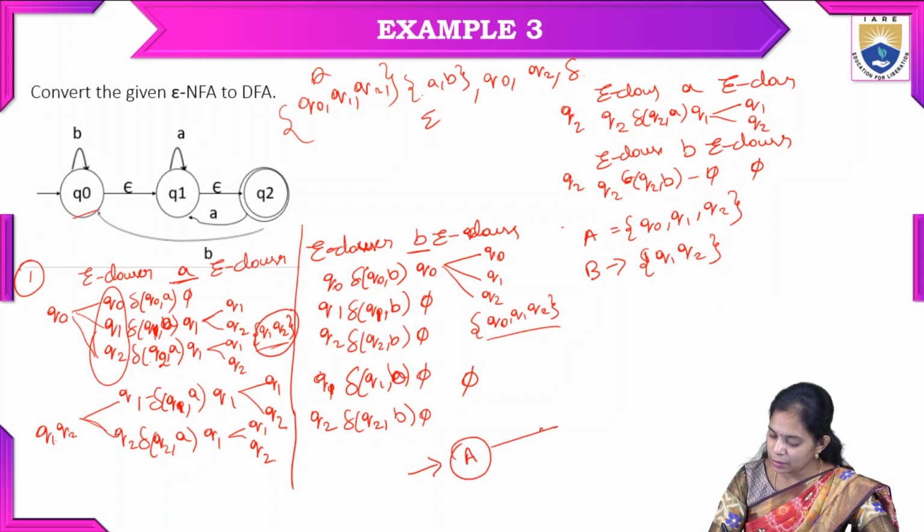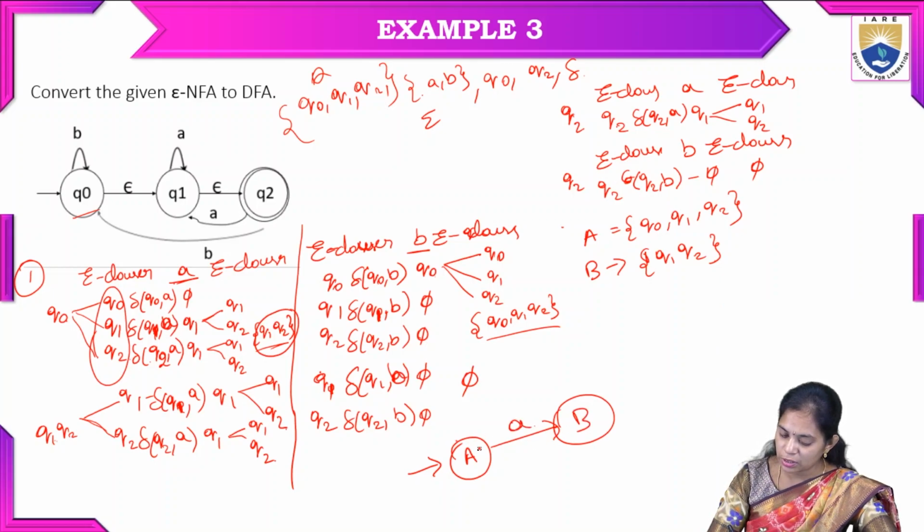So A is the new state and B. Here A has the self state, and A as an input symbol reaches B. And B as an input symbol stays in the self state. And now we have the two values, that is Q1 Q2.